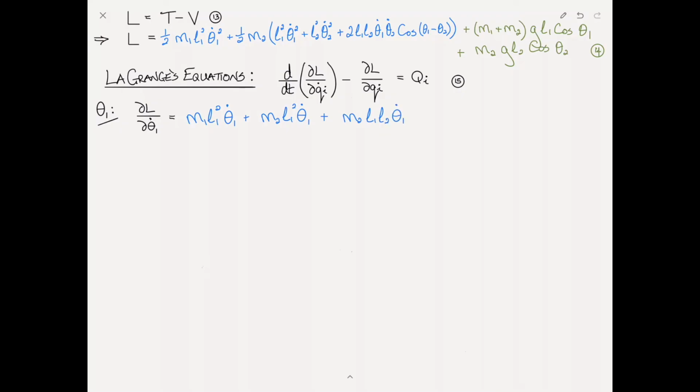I'm left with theta 2 dot, cosine theta 1 minus theta 2.